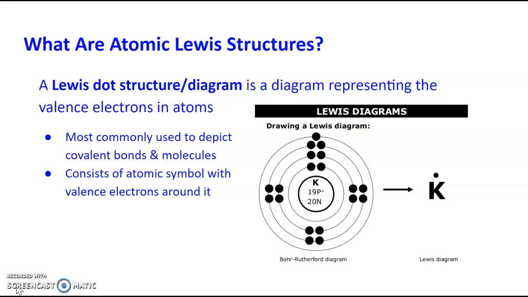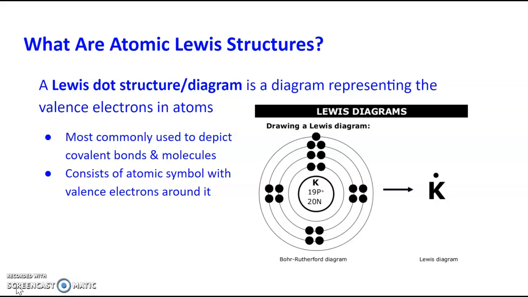Most commonly used to depict covalent bonds in molecules because if we have an ionic bond, they're just acting like little magnets, so they're trading electrons, and so that is depicted really differently than how we depict covalently bonded substances.